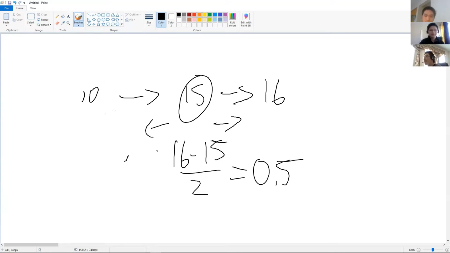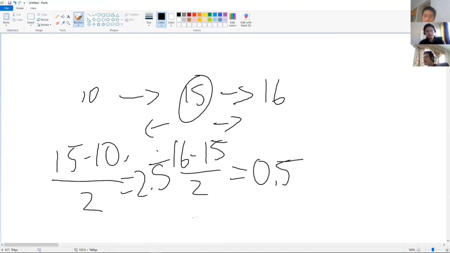So for the leftmost bound, you'll have 15 minus 10. That'll give you 5, divided by 2, and then you'll get your 2.5 bound. You add them together, and then you'll get 3.0. I hope this isn't absolutely horrible and messy, but I hope you understand.